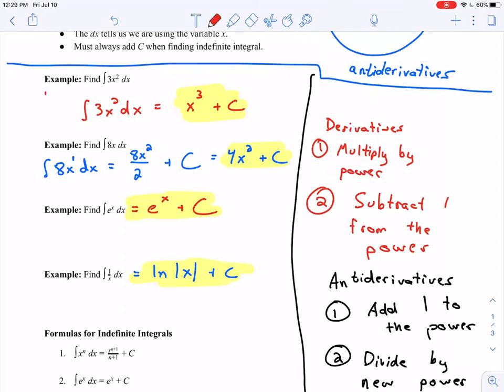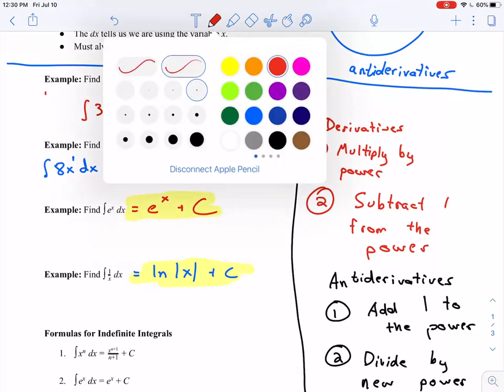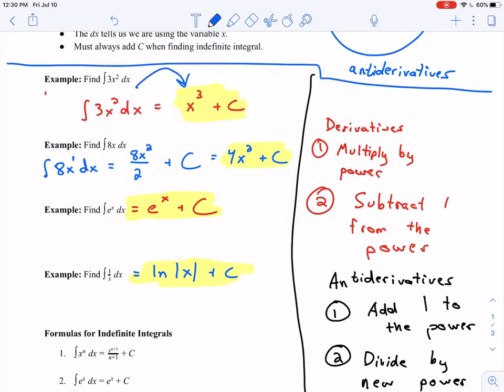After we either use our power rule or we identify the indefinite integral, notice in every single one of these problems, two things happen. Along with the function itself changing, so we add 1 to the power and divide by the power, notice that this integral symbol drops off, it goes away.